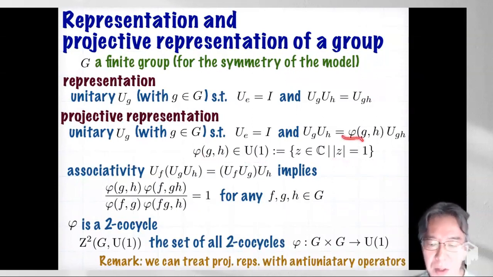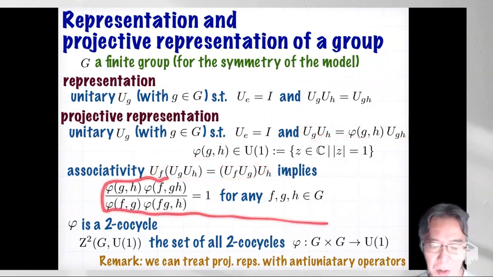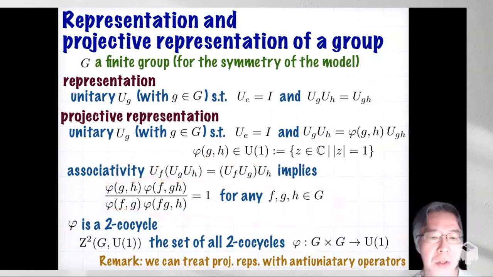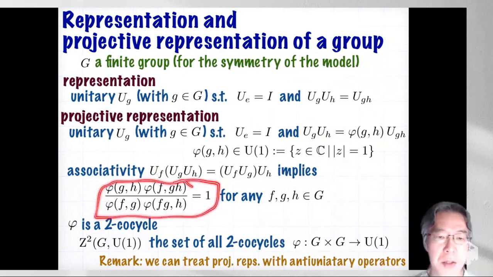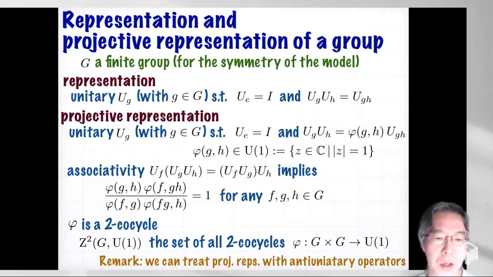This phi is basically arbitrary, but of course, these U operators must satisfy associativity. If you combine this associativity and this rule, you find that phi must satisfy this non-trivial relation for any f, g, h. For some reason, this relation is known as the cocycle condition, and phi is called a 2-cocycle, but you don't have to worry about this terminology.